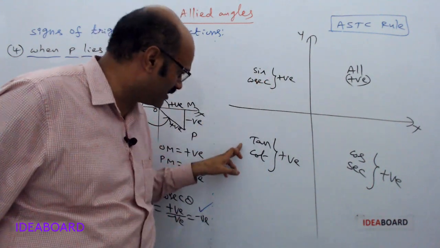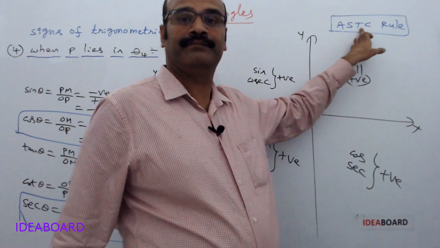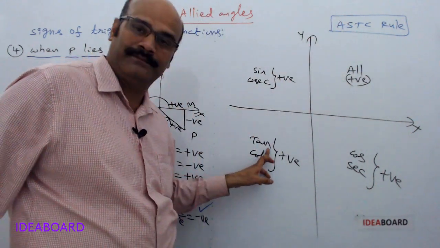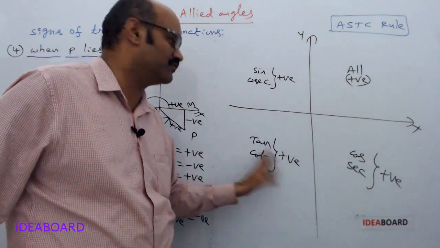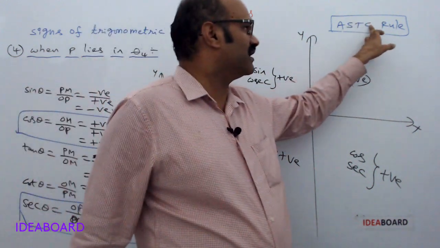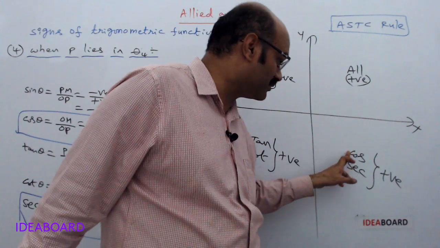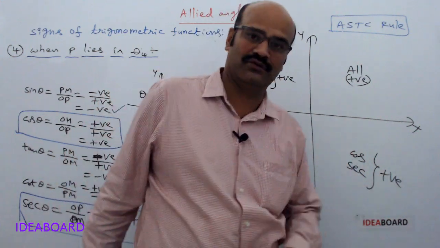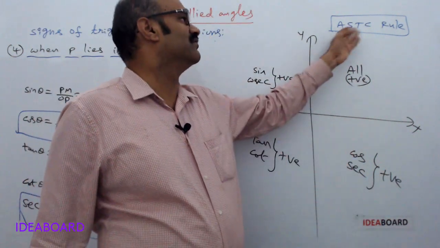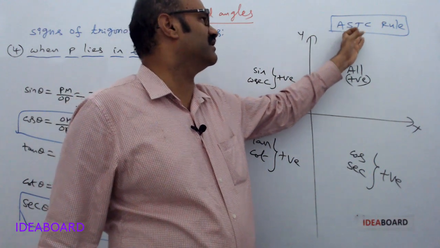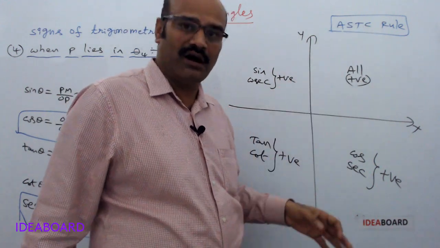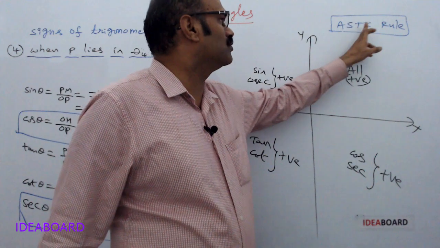In the third quadrant, T for tan and cot are positive. And the last one is C for cos and its reciprocal, secant, positive. To remember this, we read it as all silver teacups, or all students to college.